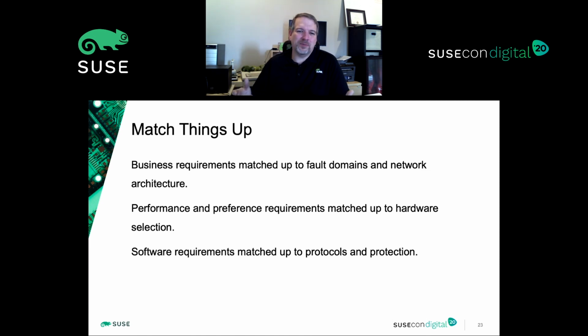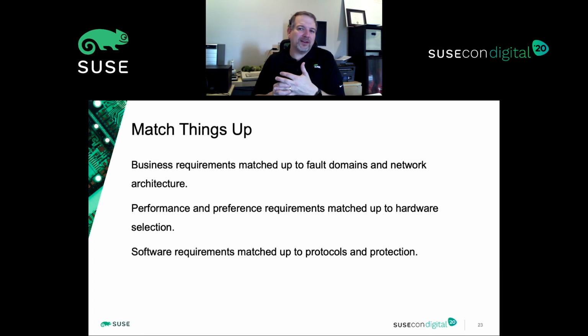There's all kinds of options there, but those have to be matched up to the hardware selection. So you tie that to the one above it, business requirements, with fault domains and network architecture tied into the second, which ties into the third, the software requirements that match up the protocols and data protection schemes. With all of these together, you can now start to really come up with a node design that makes sense.